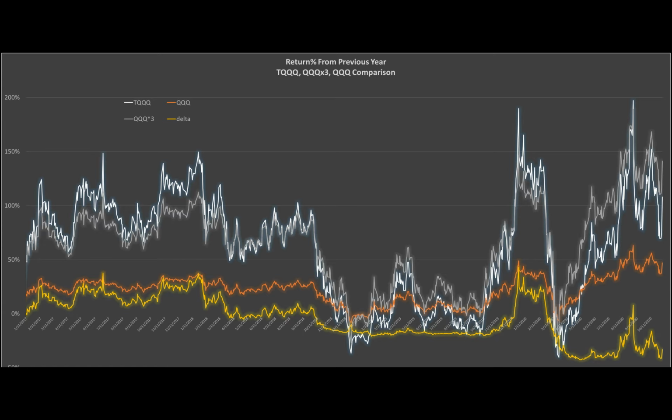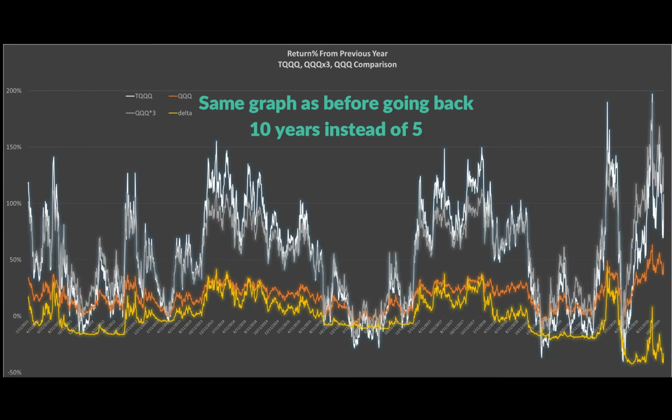Anytime this white line looks like a snow cap here, TQQQ is outperforming 3 times what the annual return of QQQ would be. Now, that is by no means a fair comparison because of the effects of compounding. The effect of compounding, the effect of volatility and the resizing of this fund are going to be why it has a little bit different performance than what you might just expect.